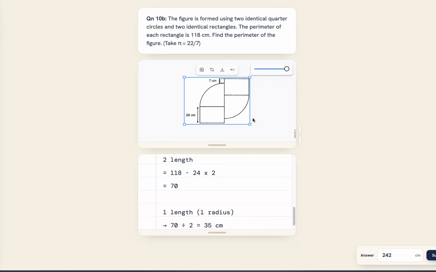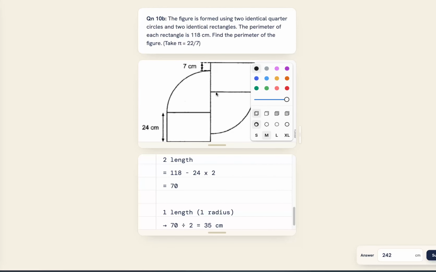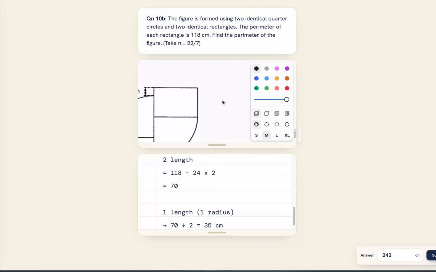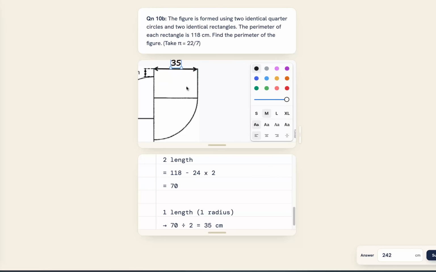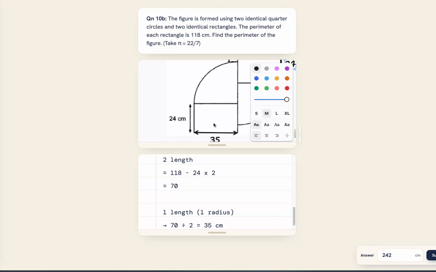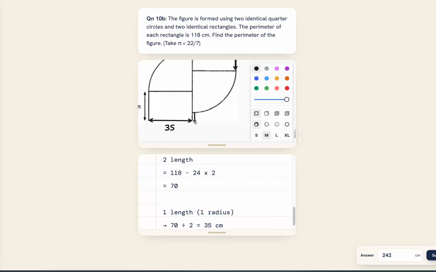So part B, find the perimeter of the figure over here. To find the perimeter, we just need to lay out what we know. In this case, this part is 35, put here, so 35. We also know that this is 35 and this is 24, and this is 24 as well. And lastly, if this is 7, that means this is also 7.